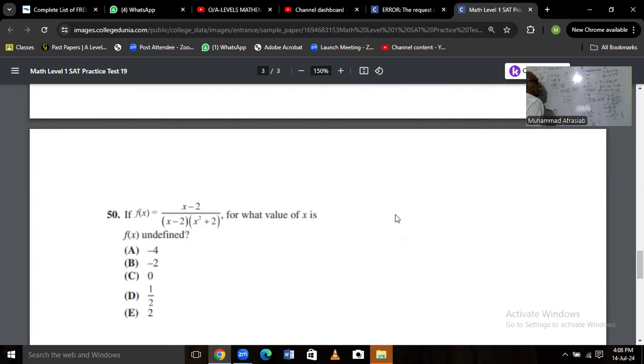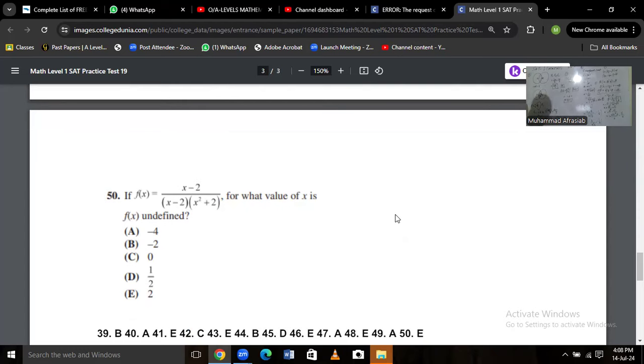The other factor is a quadratic which has no real solution because it is a quadratic with negative discriminant, b square minus 4ac is less than 0. So only one answer is there, that x should not be equal to 2. So we have to find the answer for this part. T is the answer of this choice, that x should not be equal to 2, where it is undefined.